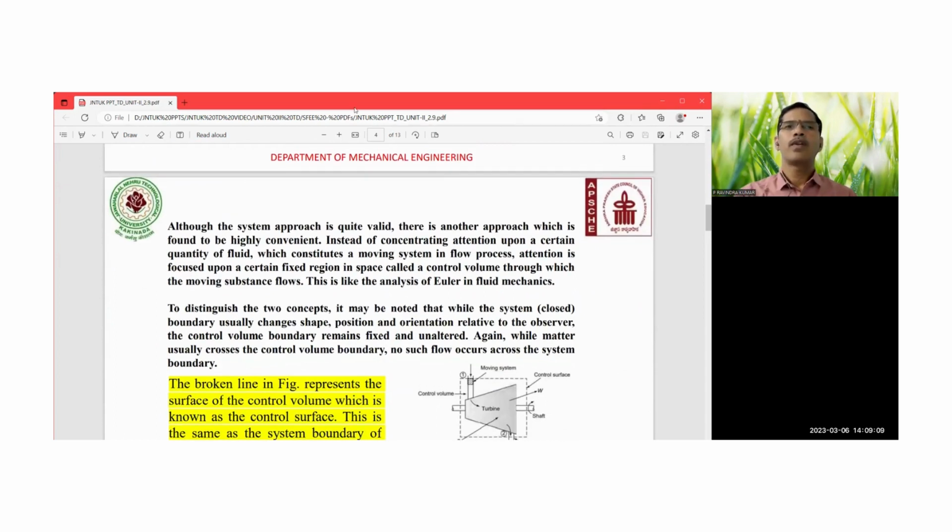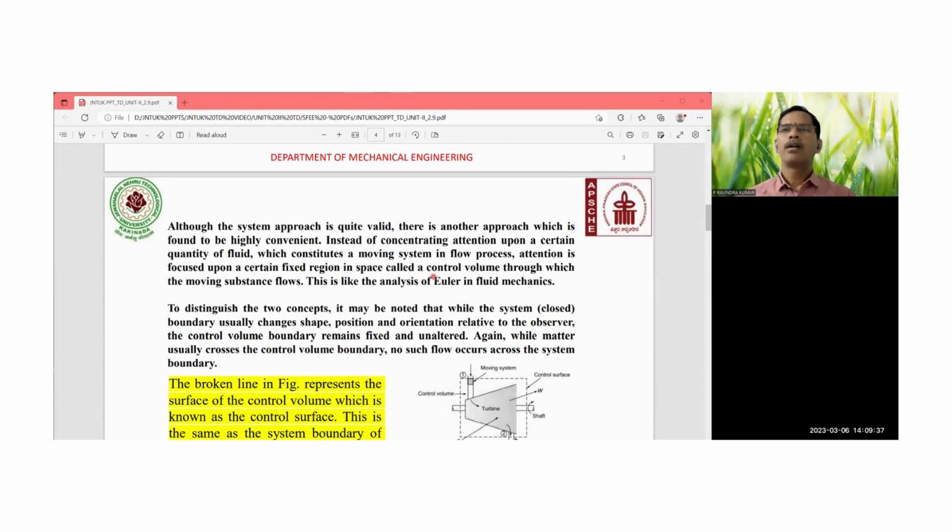In the steady flow energy equation, you have to apply the control volume technique. Although the system approach is quite valid, there is another approach which you can find highly convenient.